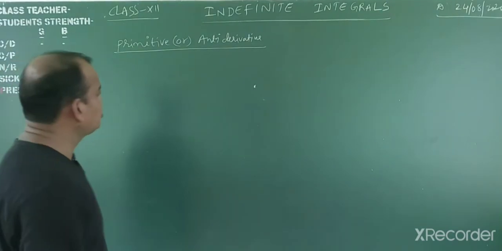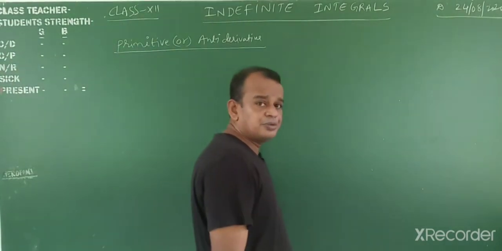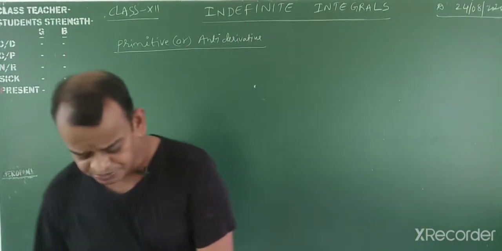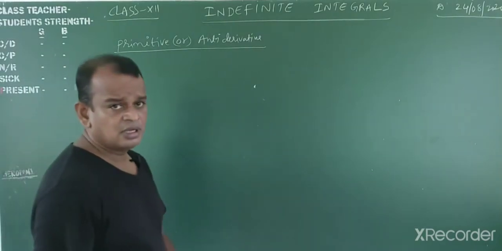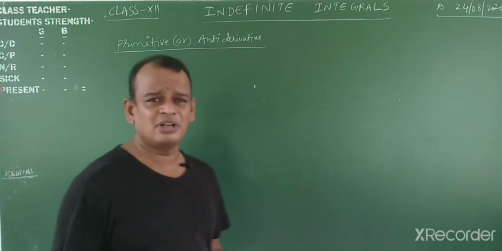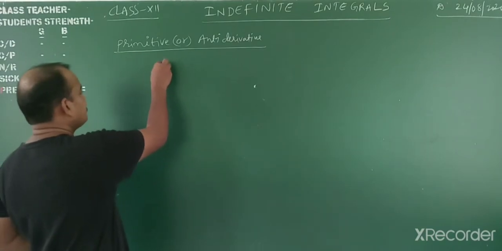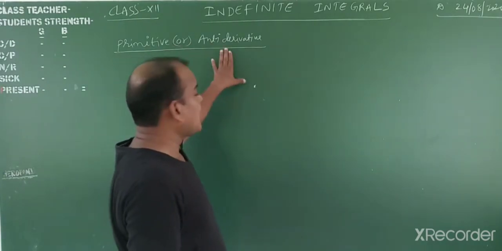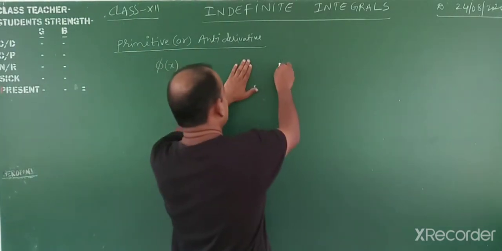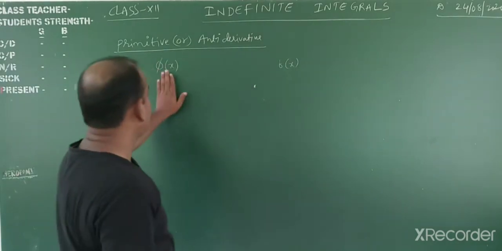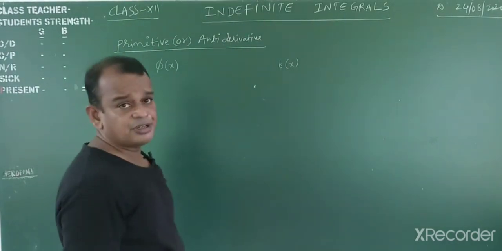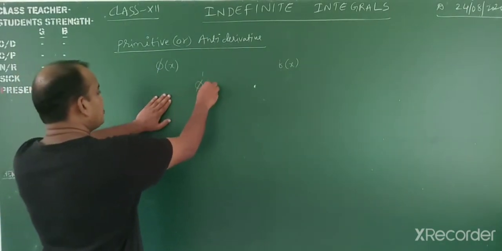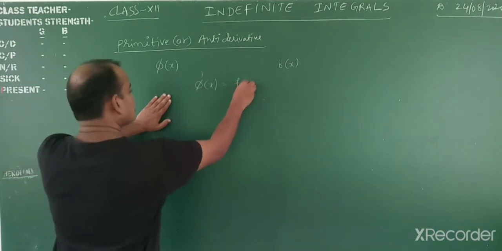First, we are going to the primitive or antiderivative. Both are the same. Suppose phi of x, or whatever symbol other than f of x, is a function. Phi of x is the primitive or antiderivative of the function f of x when phi dash of x is equal to f of x.